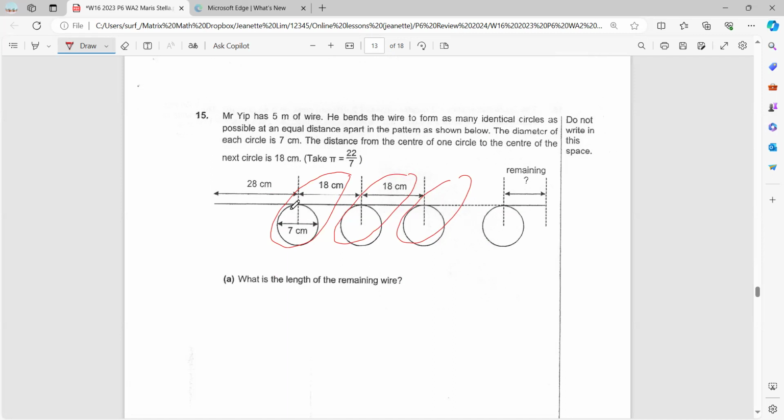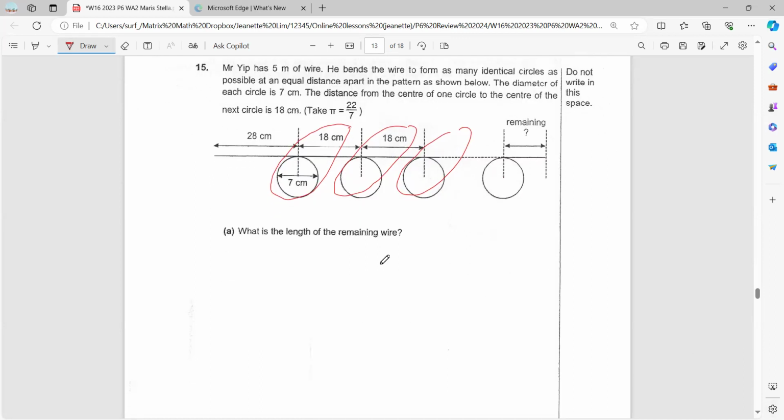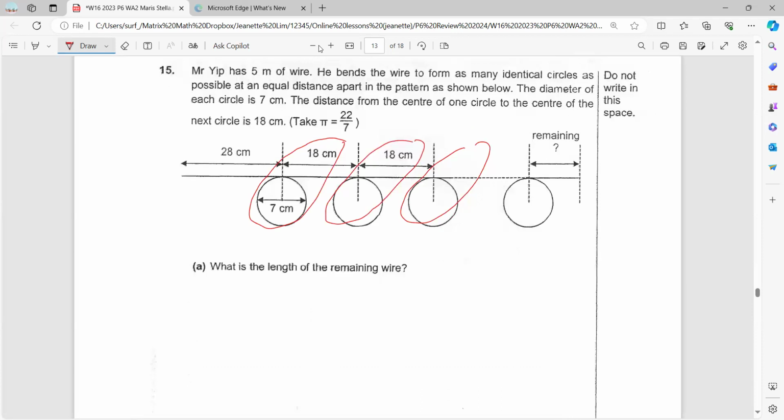By the way, when I say circle plus 18, I don't mean 7 cm plus 18, but the circumference of one circle plus 18. So let's find the circumference of one circle first. Okay. Then later on, we'll look at this last circle. Let's find circumference first. Circumference is pi times diameter.